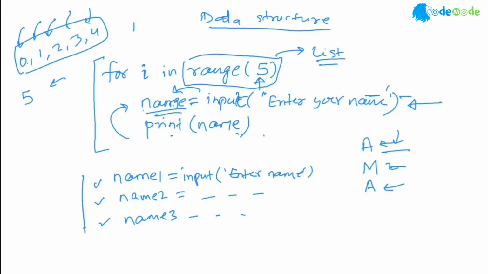Tomorrow, what happens if we have 6 people, 7 people, right? Then you cannot create name1, name2, name3. So in that case, this code will not work, or the code is not flexible. Okay. So this approach will not work.